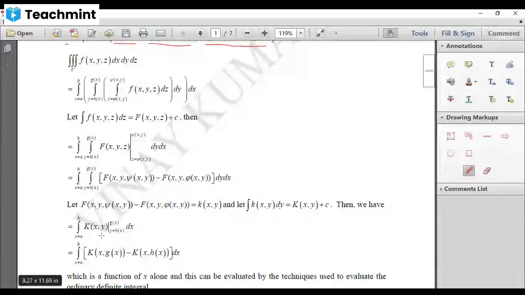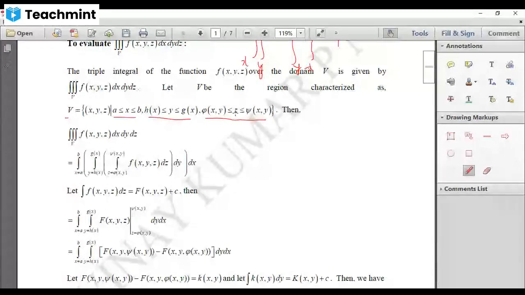Right? So first we have to integrate with respect to z because it depends on two variables. As usual, let us say we have integrated, and the integrated answer of f of xyz is capital F of xyz. And this is an indefinite integral constant. But since this is a definite integral, we'll substitute the value for z.